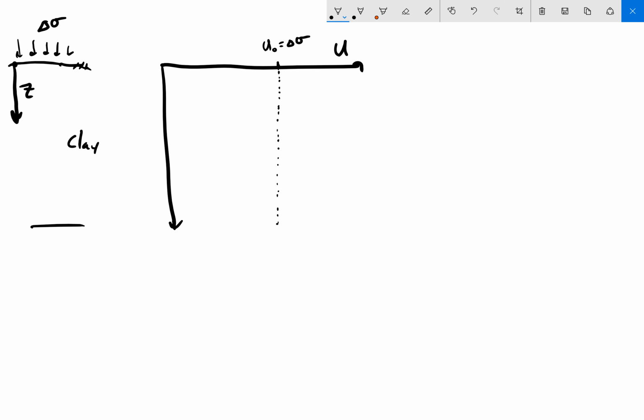Okay? So in other words, if I were to plot that at time equals 0, my excess pore pressure plot would look like that. Now, as I start the clock and start ticking time down, immediately water is going to get out wherever it can. And as it starts to get out, that pore pressure is going to start to go down.